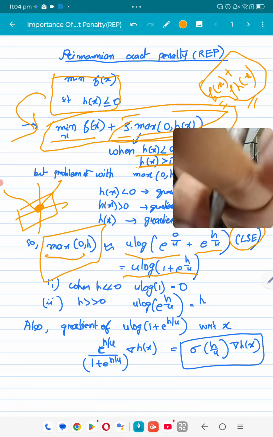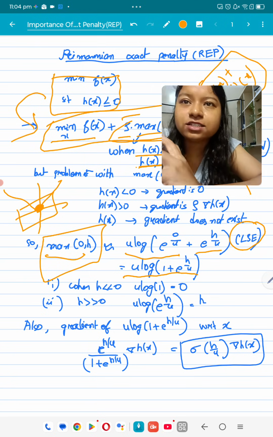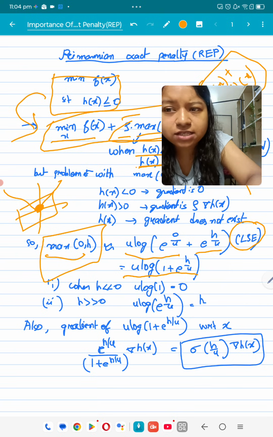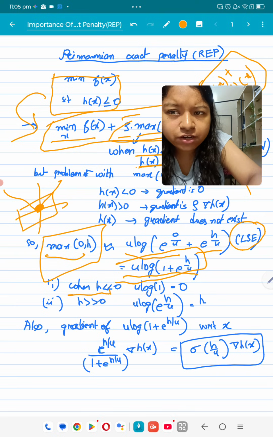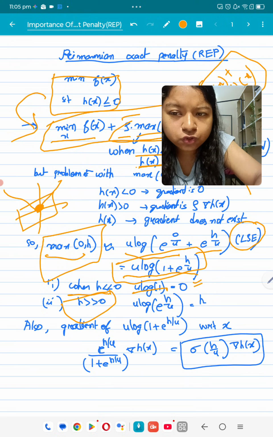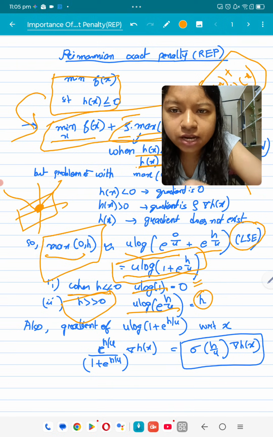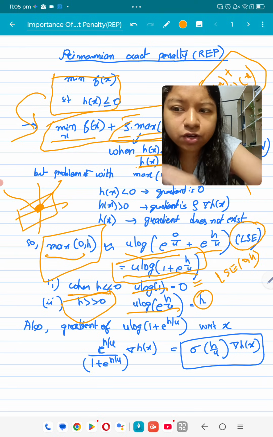Now let's check the two conditions. Whenever h is less than or equal to 0, this term will reduce to u log of 1, that is 0 only. Whenever h is greater than 0, this term will reduce to u log of e to the power h by u, that is h. So fair enough, max of 0 comma h can be written as LHC of 0 comma h.